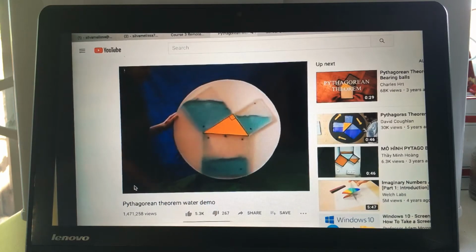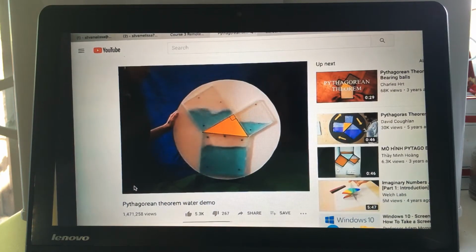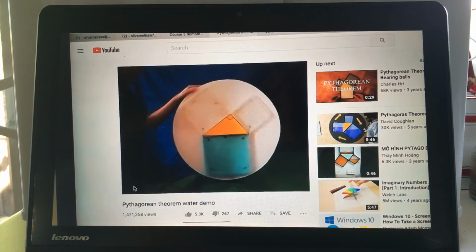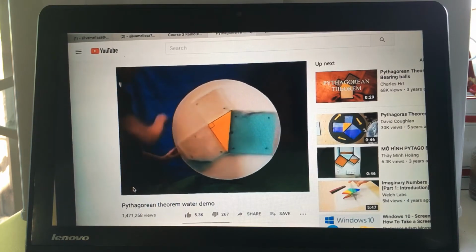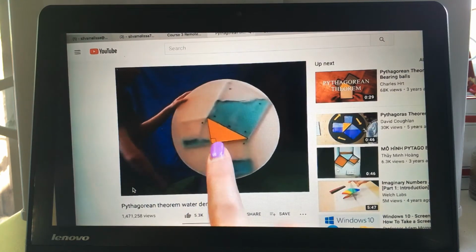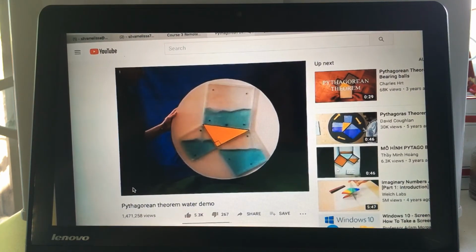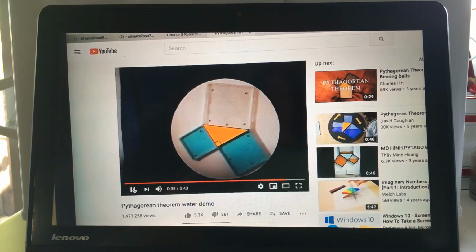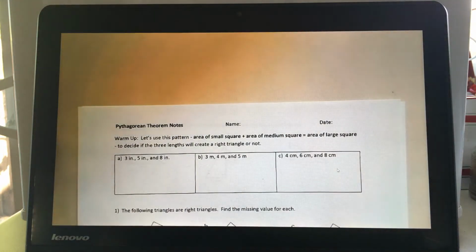So the small square and the medium square that are squared up off of each side of the right triangle are pouring in to the large square that's off of the longest side of the right triangle there. We know it's a right triangle because we can see that right angle notation. And then again, just kind of pouring it back in to show that no liquid was added, none was taken away. So again, just kind of a nice visual as we start to take a look at the Pythagorean theorem.